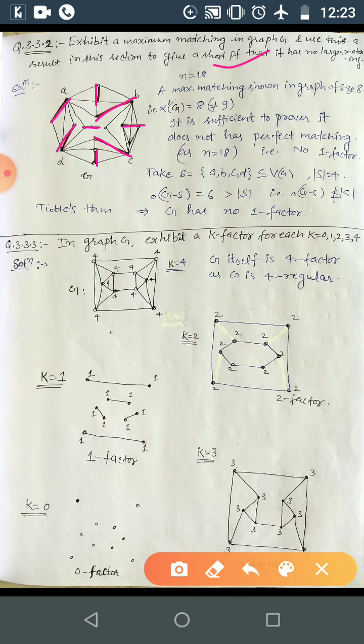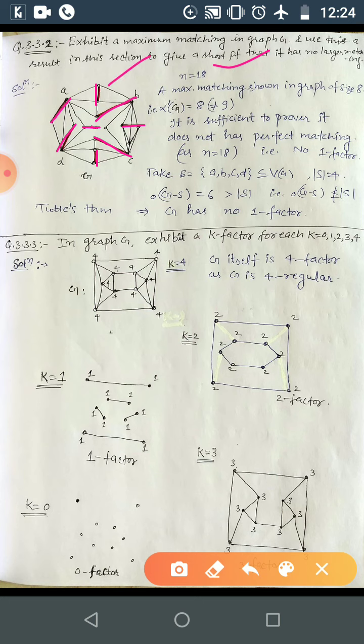This does not cover this vertex, and also 2 others. These 3 vertices are not covered, correct? So how many vertices are there? 18, and 16 are covered in this matching. So for every matching, the maximum cardinality you will get is 8 only.